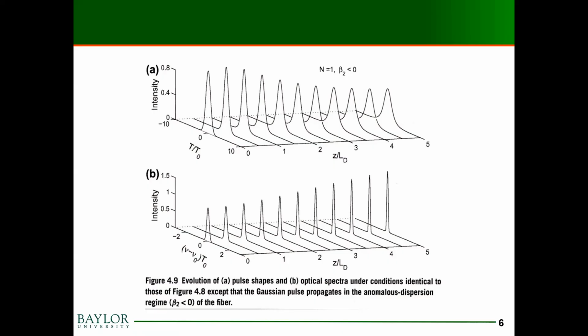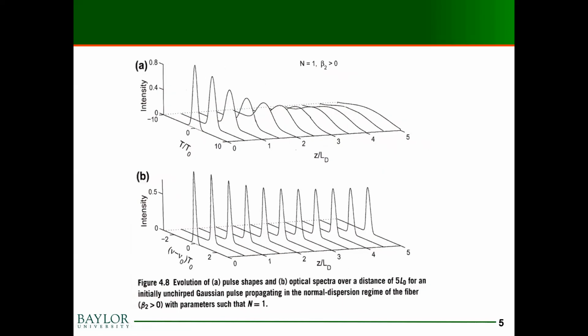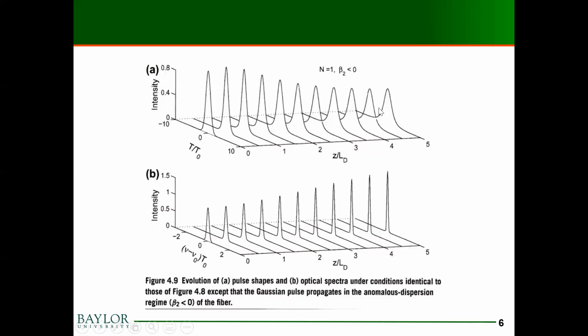Dispersion can be positive, normal dispersion, or anomalous dispersion, right? In this case, you can see that the broadening is not a lot compared to the previous case, which broadened a lot. The second case does not broaden a lot.